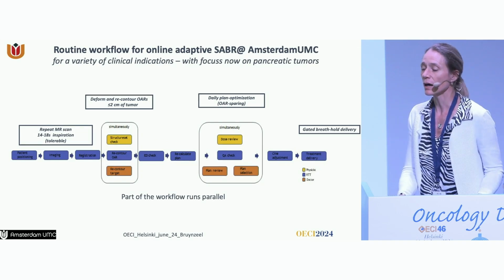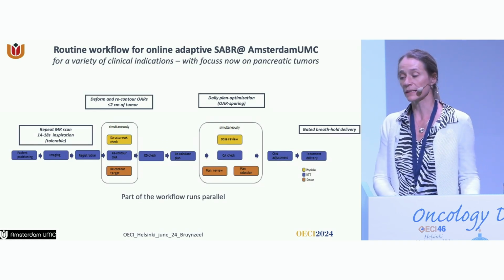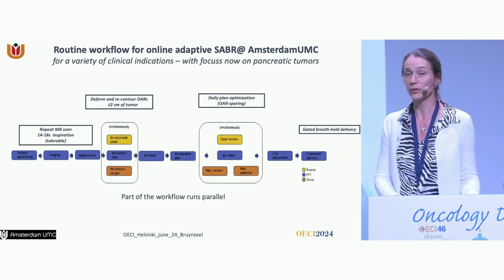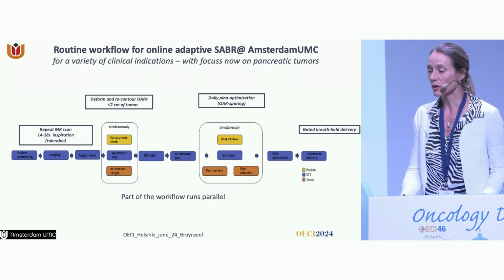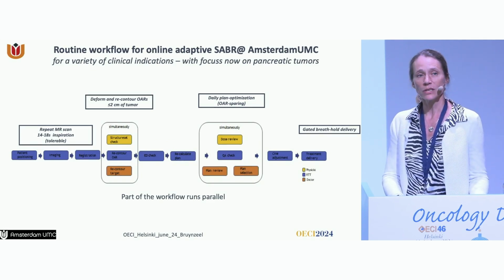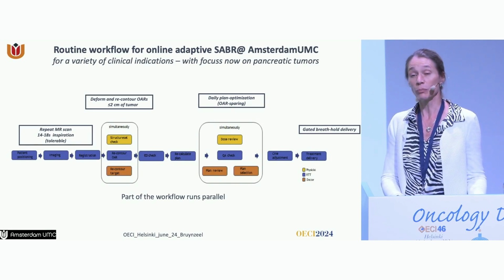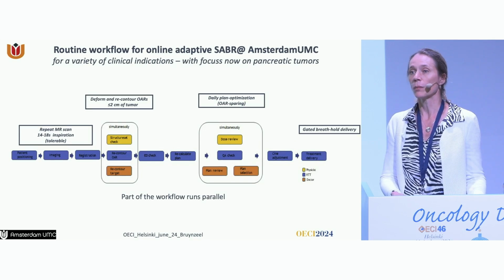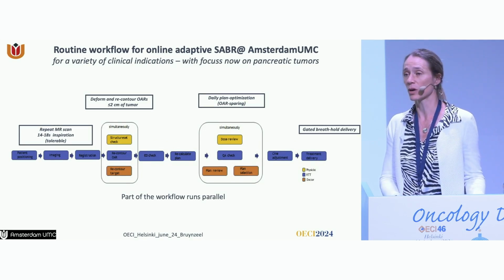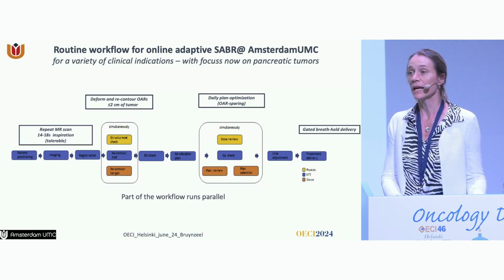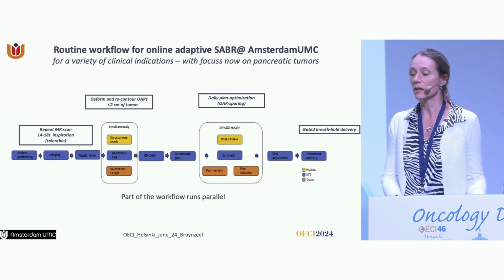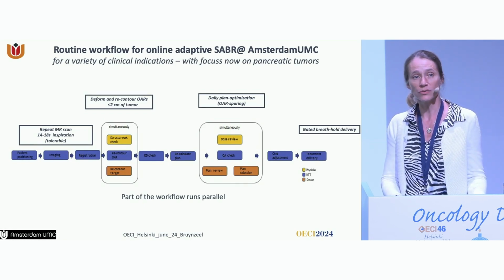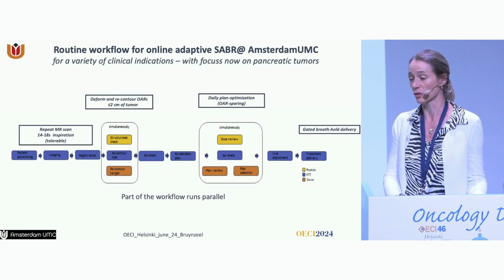And here you see our routine workflow for online adaptive SABR for a variety of clinical indications, and now with the focus on pancreatic tumors. So briefly, after consultation, a simulation MR scan is performed in breath hold. Treatments are preceded by a repeat MR scan acquired in breath hold, and this is followed by a rigid co-registration to the GTV on the pre-treatment MR scan.